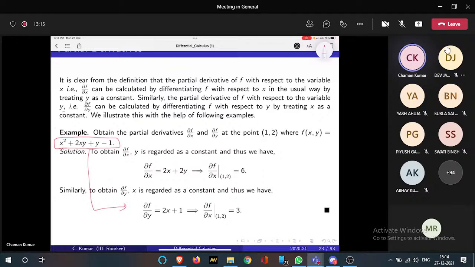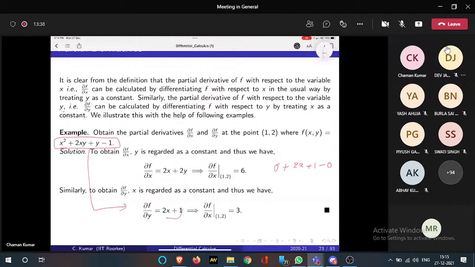The derivative of this will be 0. Okay. The second element is 2xy. Here x is constant, so the derivative of this will be 2x. The third element is y, so the derivative of y will be 1. And the last element is minus 1, so the derivative of this will be 0. So you get 2x plus 1.